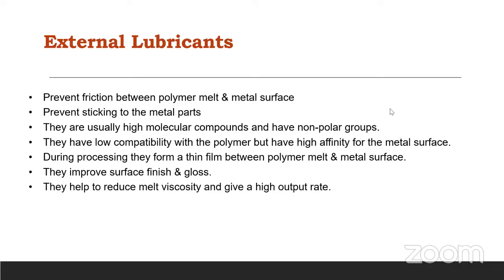If they have more affinity or compatibility with the polymeric material, these external lubricants may get carried away into your polymeric system. They then lose the tendency to form a film on the surface, and your polymeric material may stick to the metal surfaces. External lubricants also improve the surface finish and gloss of your material.